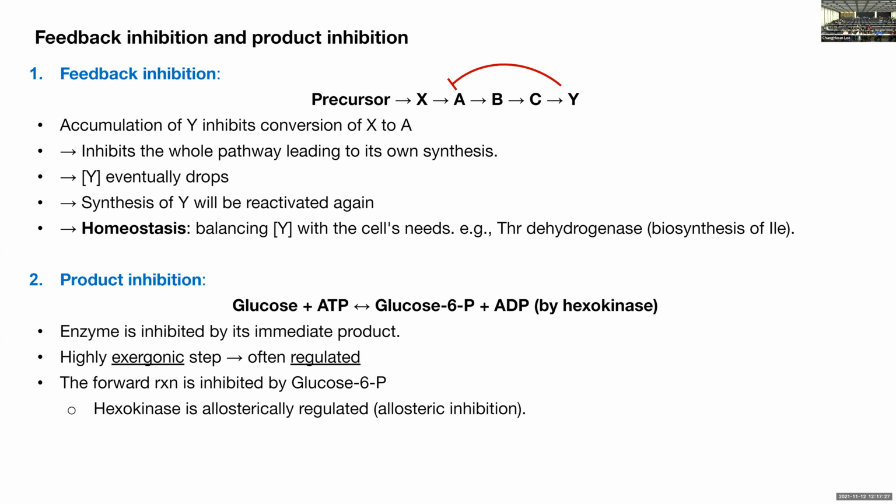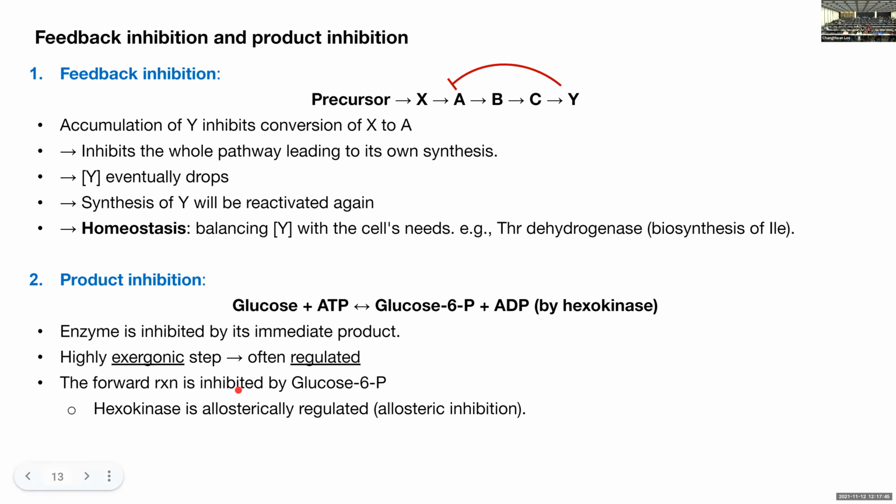But it's a different site other than the active site where glucose 6-phosphate can bind, and then it will induce a conformational change, especially on the active site, to make it more like an inactive form.